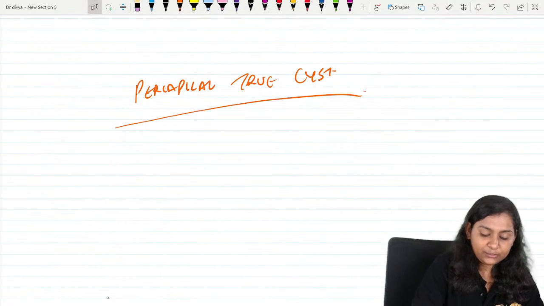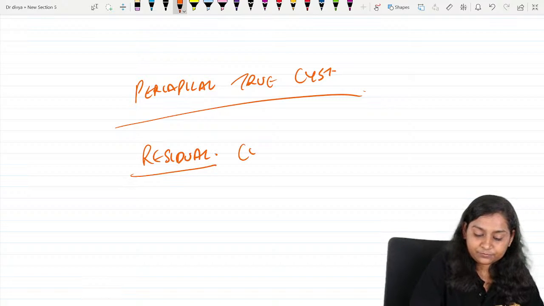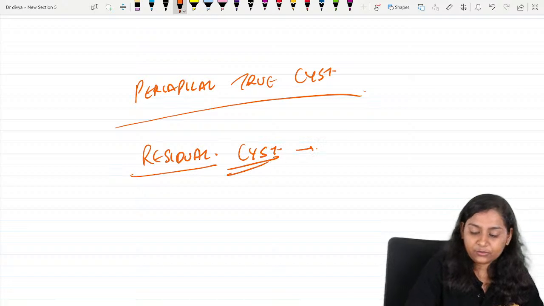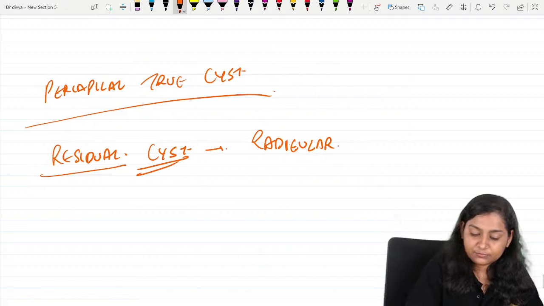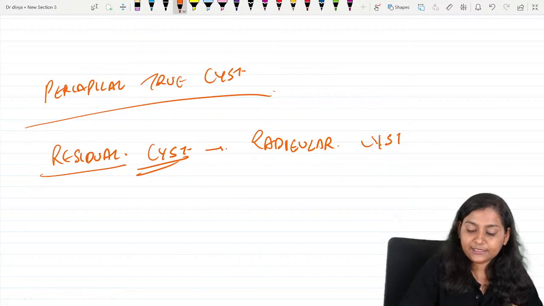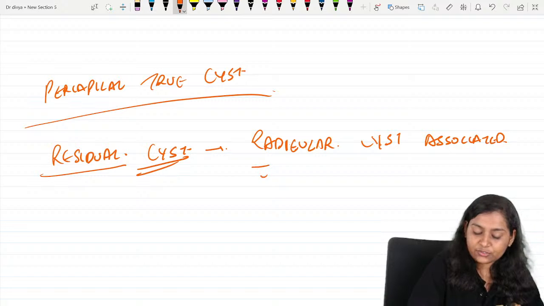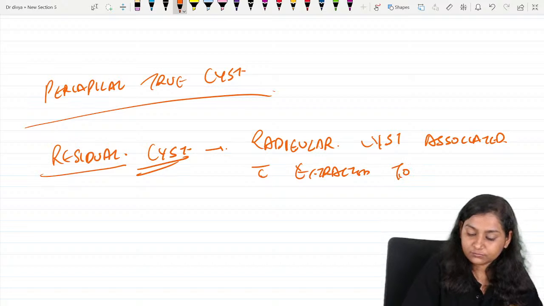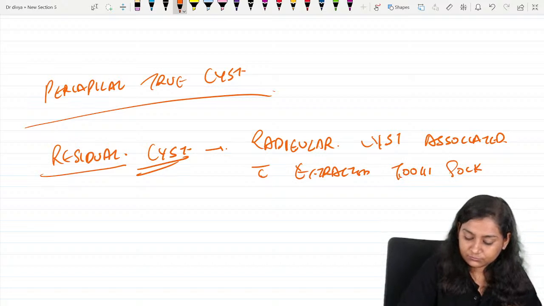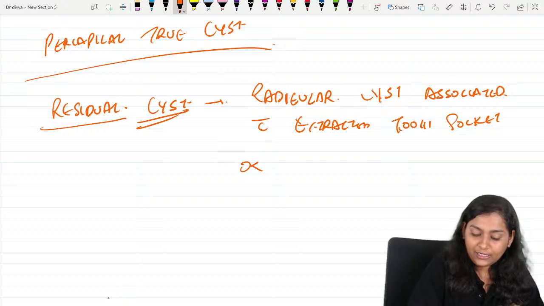Now coming to the residual cyst, which we discussed, it is a type of radicular cyst. It is a radicular cyst associated with an extracted tooth socket. Or we can say that there is no presence of teeth, or absence of tooth.